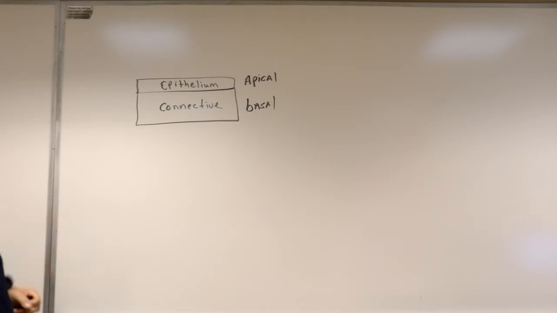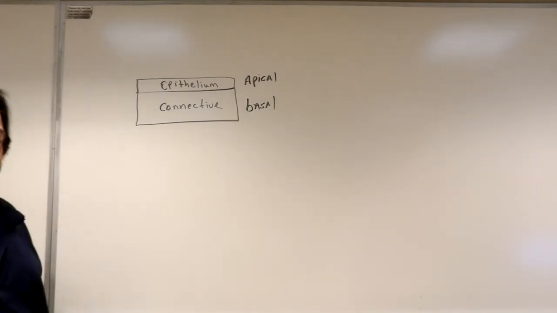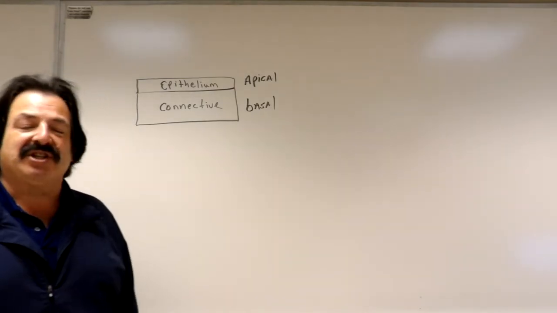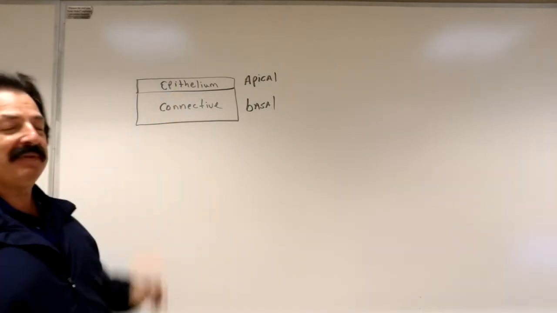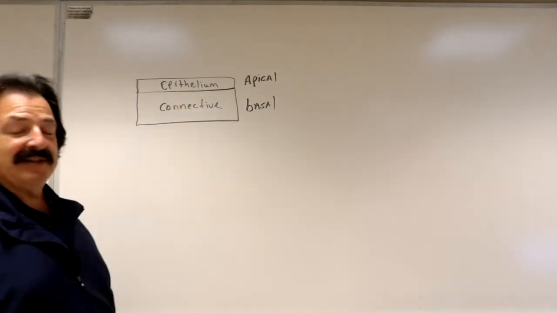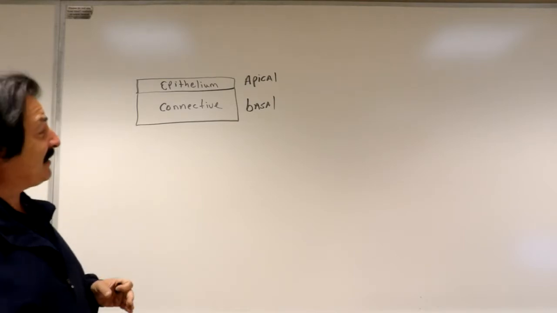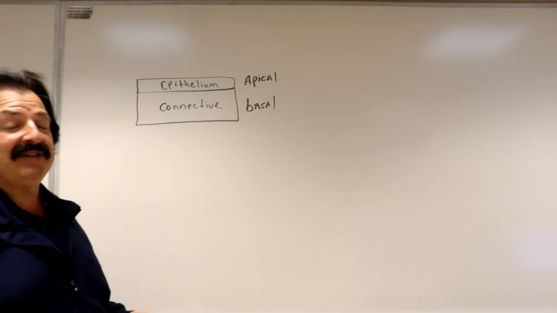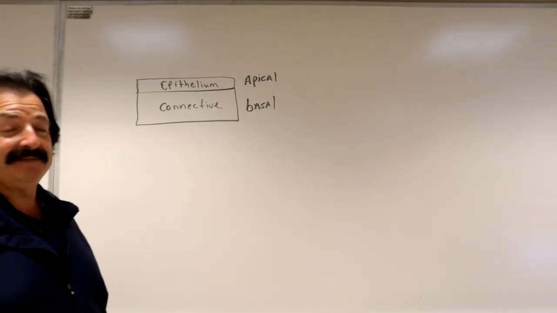So apical, if you want to touch epithelium, we'll start with the mouth. If you roll your tongue across your cheek, you are touching epithelium. All right? Epithelium is always sandwiched or connected apically to connective tissue. Connective tissue acts like the foundation, if you will.